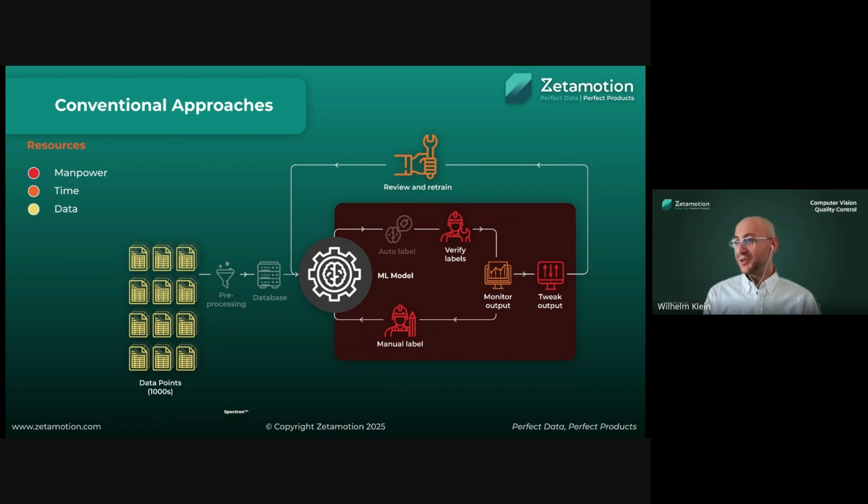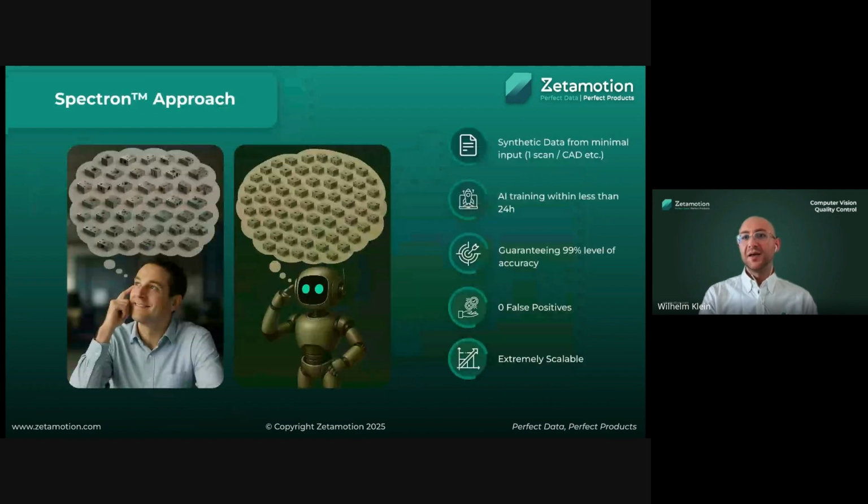This is how you would get started with the conventional systems, right? Lots of data, lots of labeling, lots of time, and then over time, one cycle, second cycle, third cycle, you get better and better. But how do you get started with us? How do we differ at Zetamotion? How can we make this headachy problem easier? The way it works is by mimicking the way a human works.